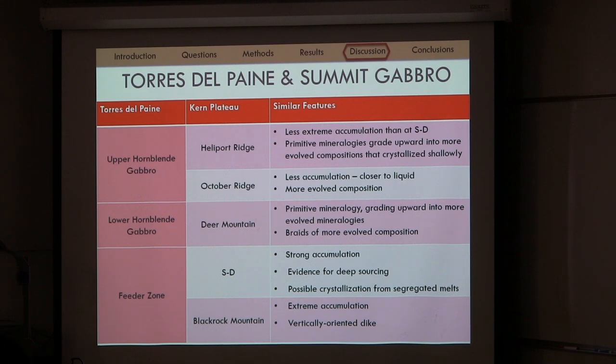Lower Hornblende Gabbro, we have Deer Mountain, which is clearly a sill complex, and it's more primitive at the bottom than it is at the top. And at the upper Hornblende Gabbro for Heliport Ridge and October Ridge, we have more primitive mineralogies at the bottom again, and we have more evolved mineralogies in association, and they're more liquid-like compositions, which is like what we see at Torres del Pi.